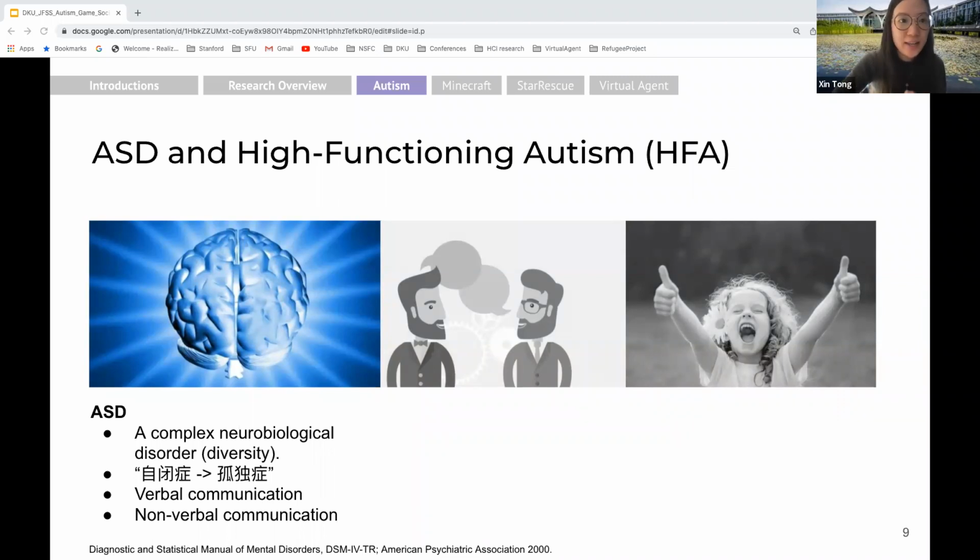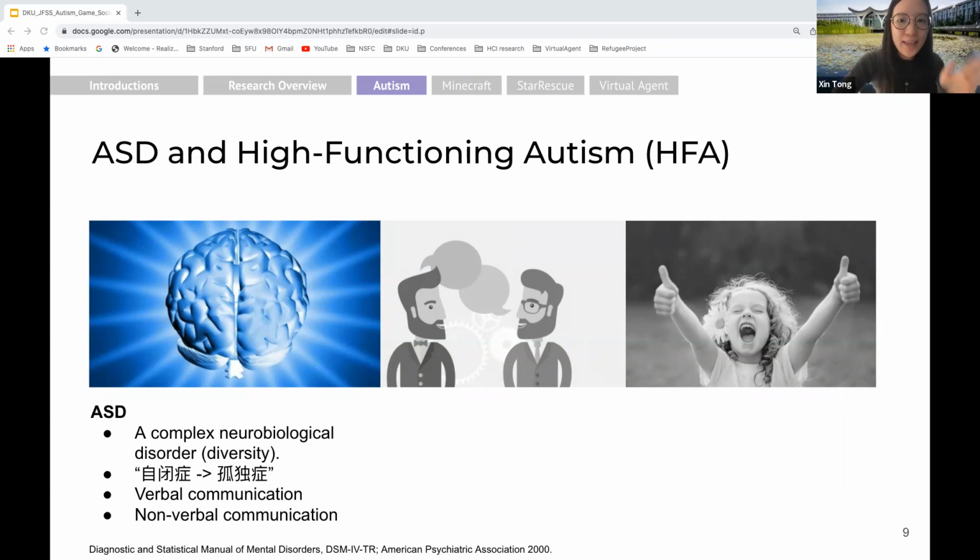Even in China, scholars are changing the name from 自闭症 to 孤独症. That means from self-closure, like an emotional problem, to a lonely people group, to address diversity.